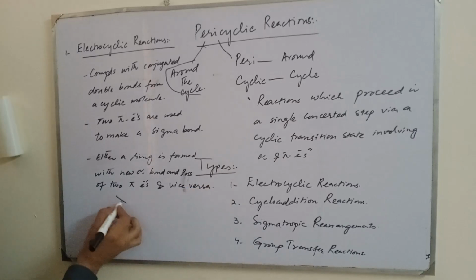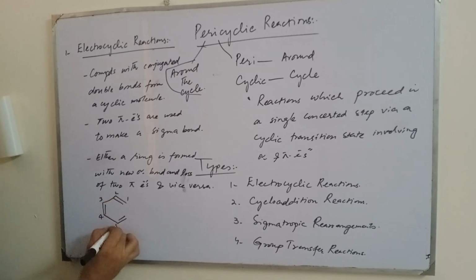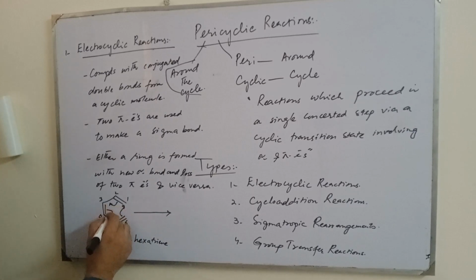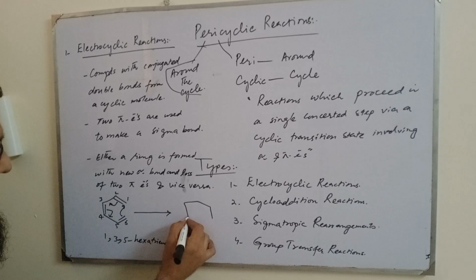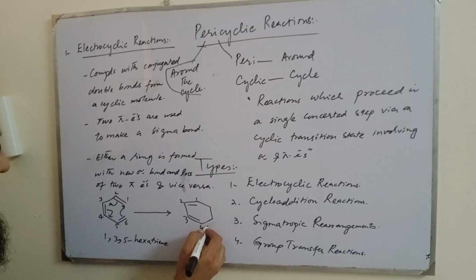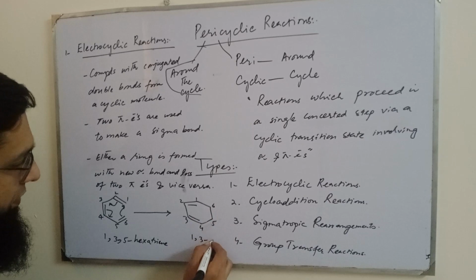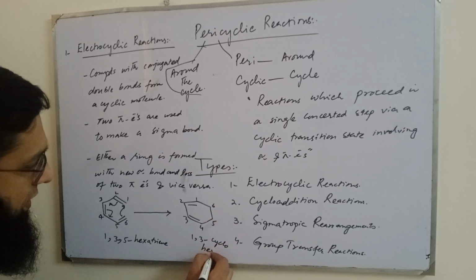For example, we have 1,3,5-hexatriene. It undergoes an electrocyclic reaction, and as a result we get 1,3-cyclohexadiene.